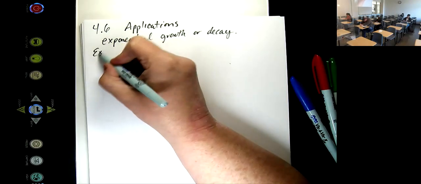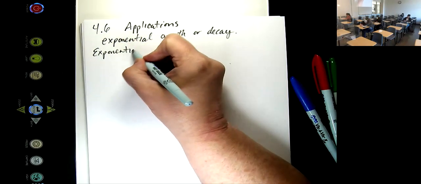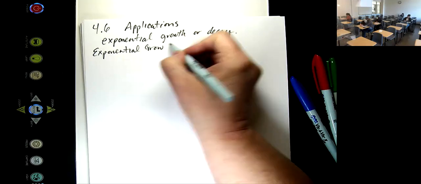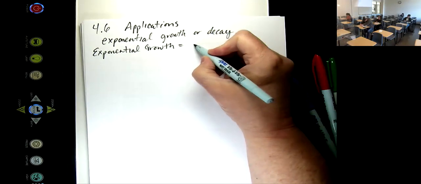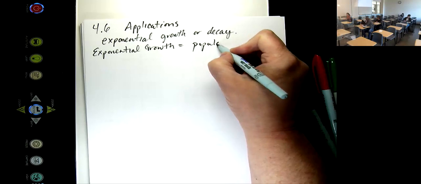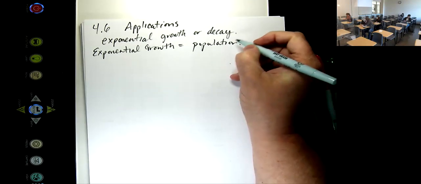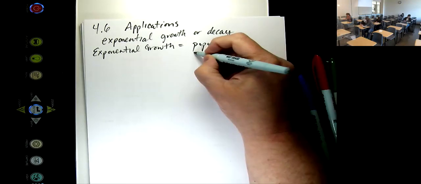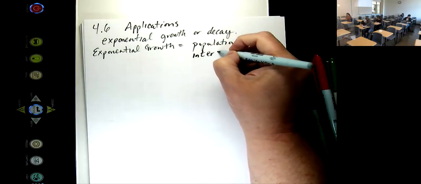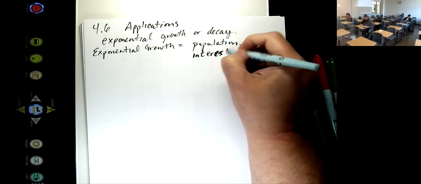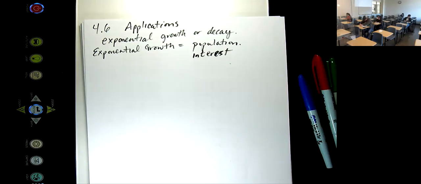Things that exponentially grow include things like population and interest in finance.